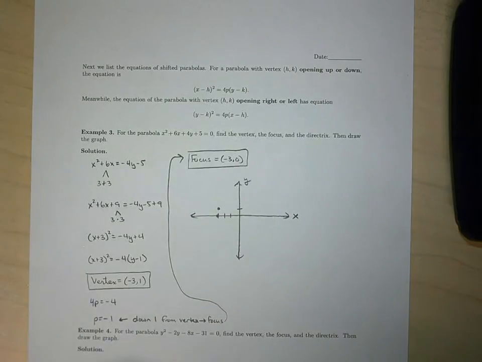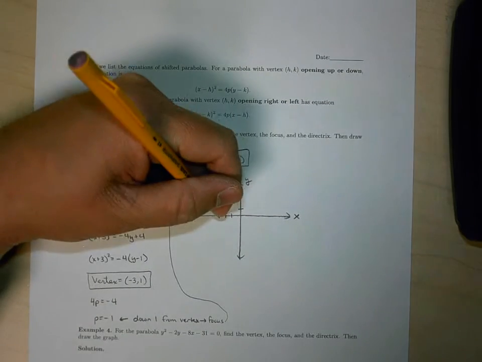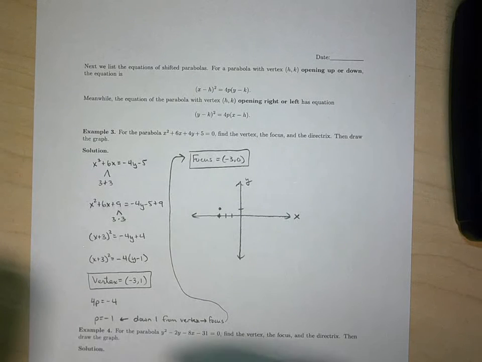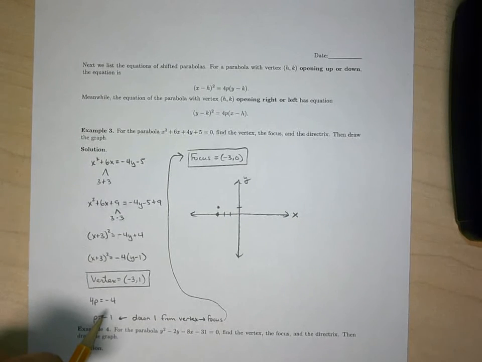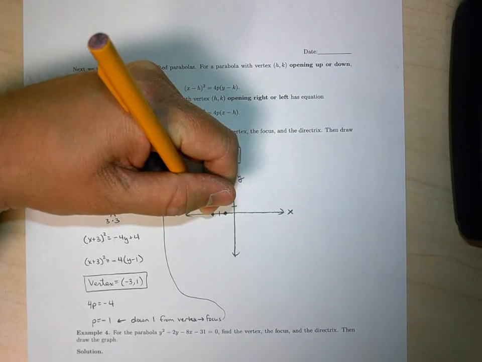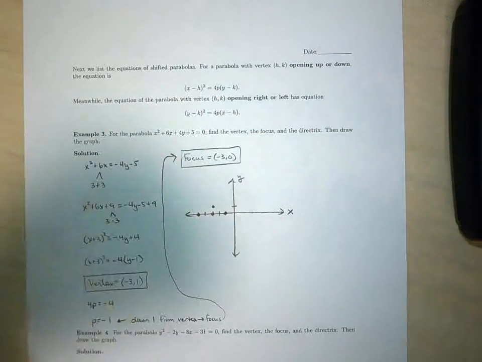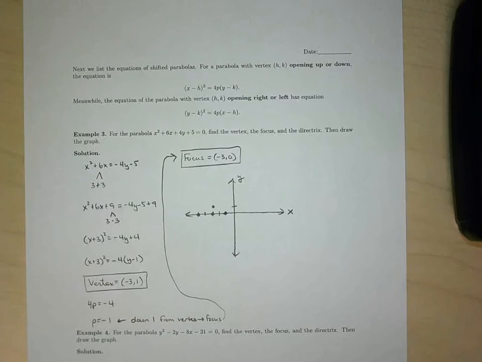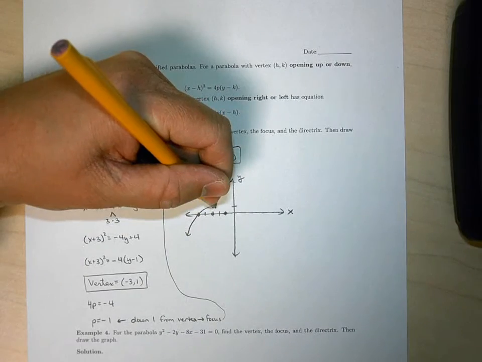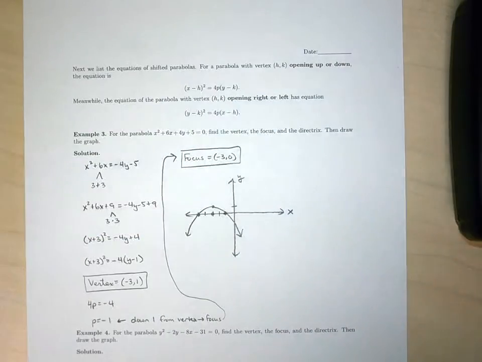So the focus helps us get more points on the parabola, because I can say, 4p was negative 4, so I'm going to focus on the 4. If I get level with the focus and go left and right by 2 units, then I'll have a total length of 4 going across the axis that contains the focus. This gives me points on the parabola. So I have a parabola looking like this.